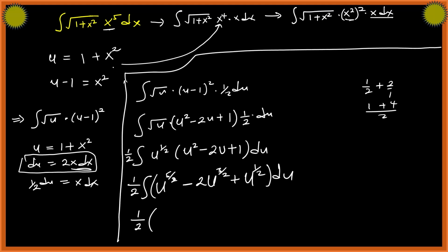For instance, 5 on 2 plus 1 is 7 on 2, so we have u to the power 7 on 2 over 7 on 2.